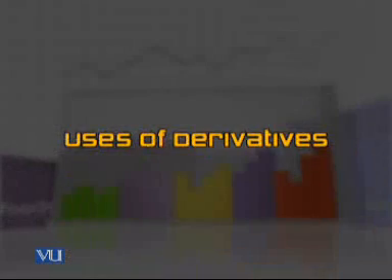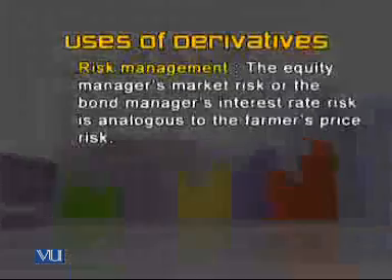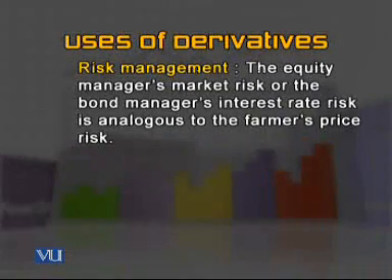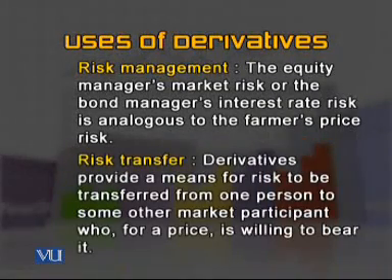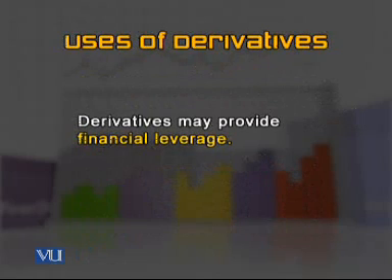Some of the uses that we discussed were the ways we're going to use the derivatives, but why do we need to use the derivatives for hedging, speculating, or for arbitrage? One of the reasons is risk management, another is risk transfer, and still another is financial leverage.